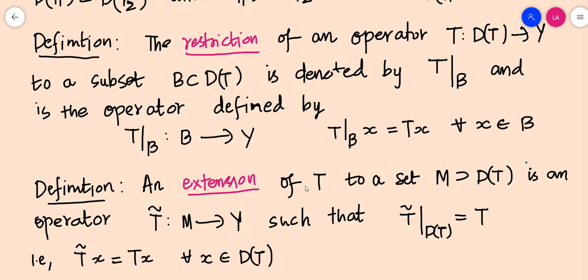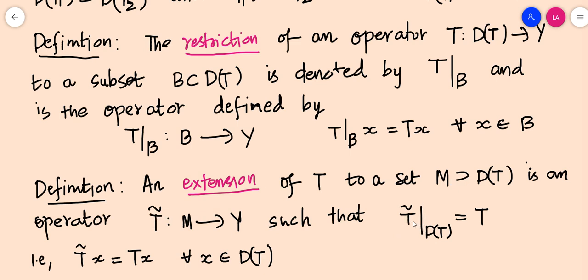Similarly, an extension of T which is defined on some D of T is actually an operator which is defined on a superset of the domain. Instead of D of T, we are considering a superset, and that operator is denoted as T tilde.